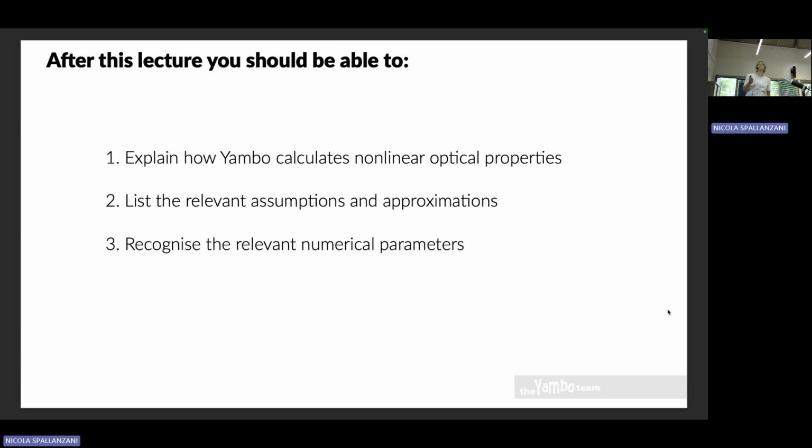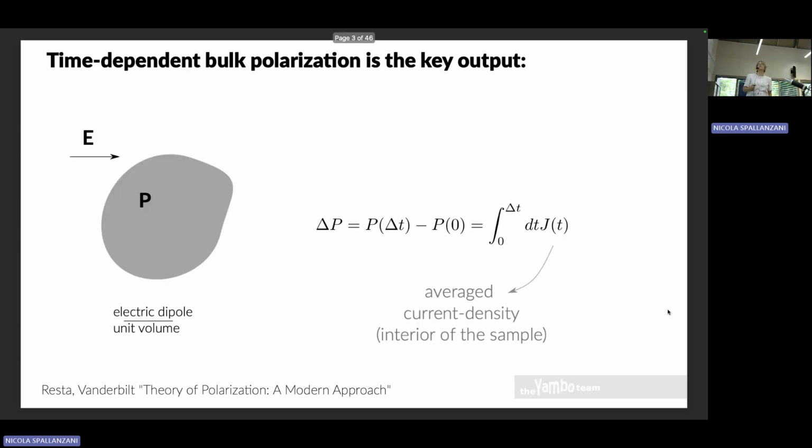So let's start with the first part, and it won't surprise you. Just starting from what is the main quantity that we calculate. So our target quantity is the time-dependent bulk polarization.